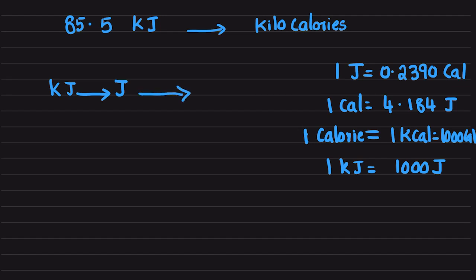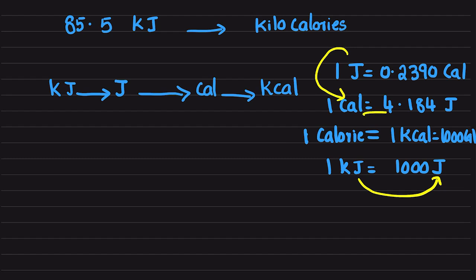So joule gets converted into cal and cal gets converted into kilocal. This is the sequence. Understand? First, you have the kilojoule. Kilojoule is related to joule. Joule is related to cal. Cal is related to kilocal. So this sequence you have to make.